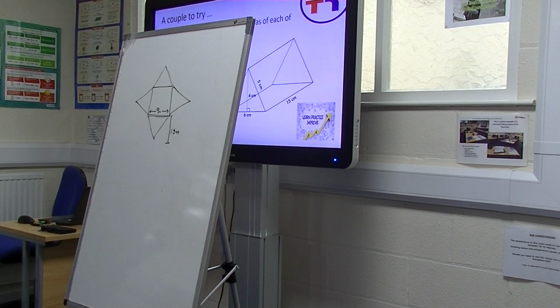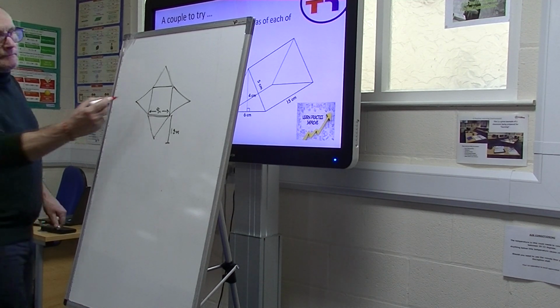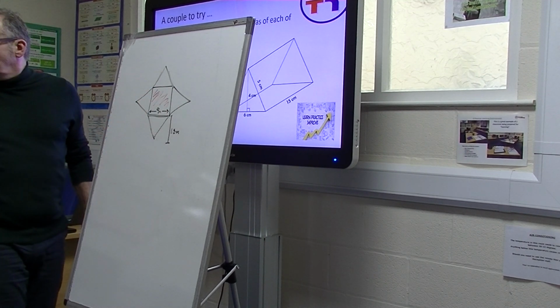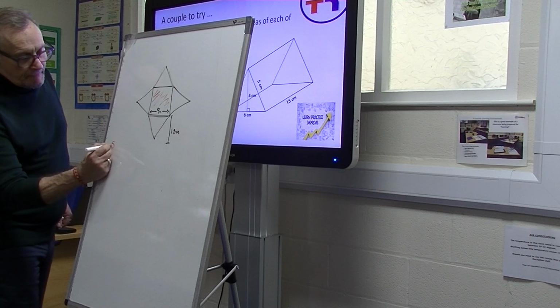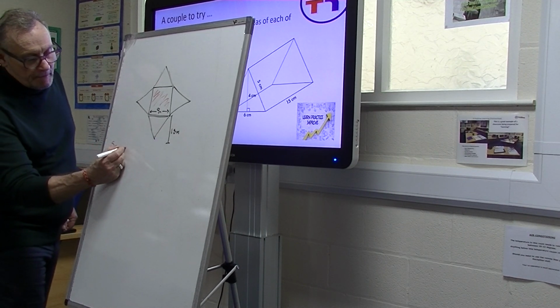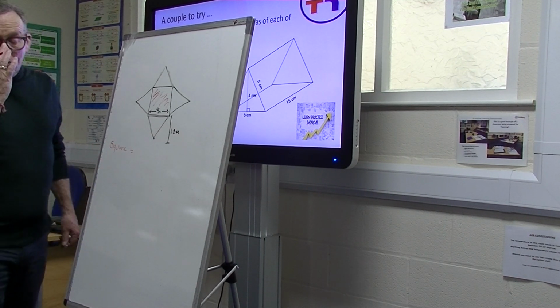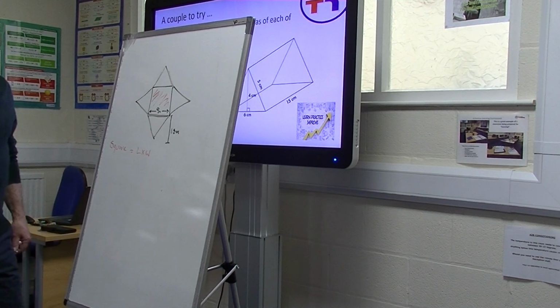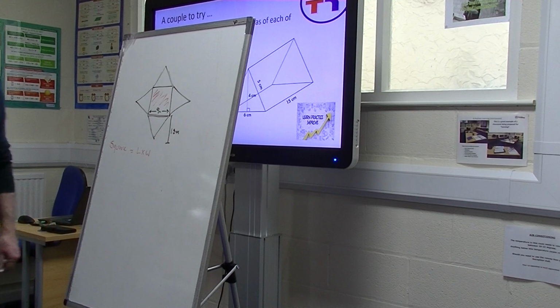Let's think about what that shape's made up of. It's made up of a square. We know how to work that out, don't we? Length times width.